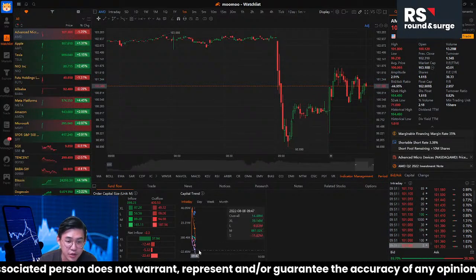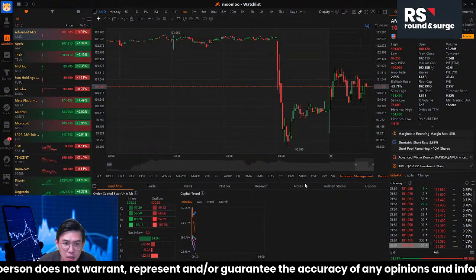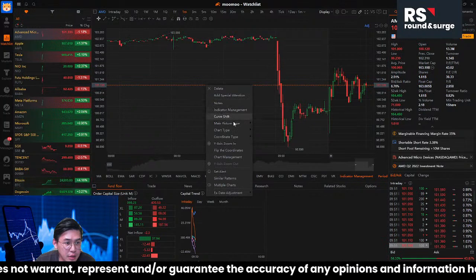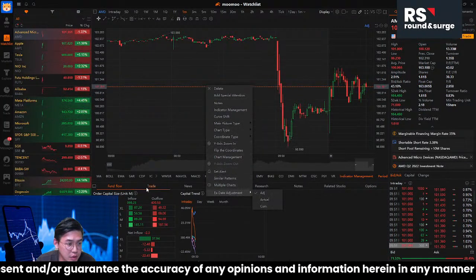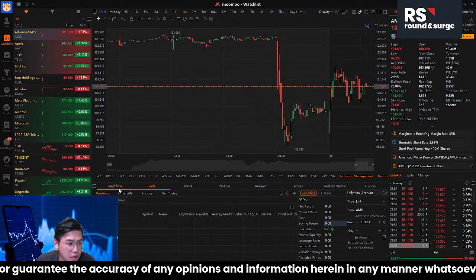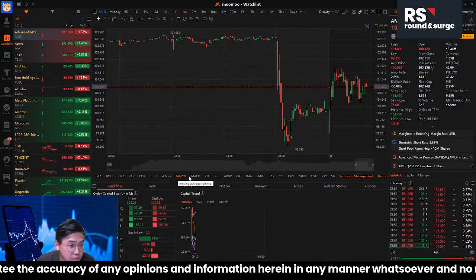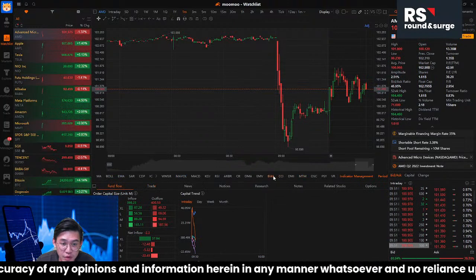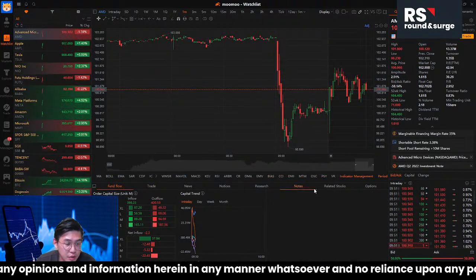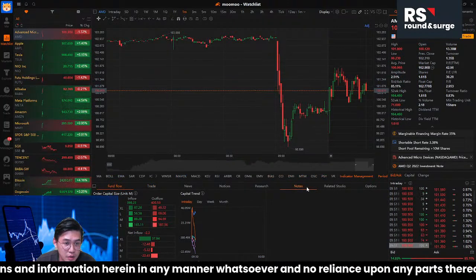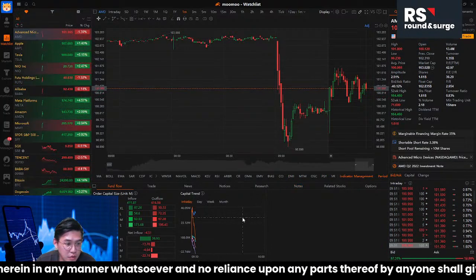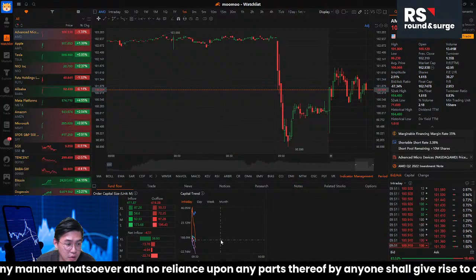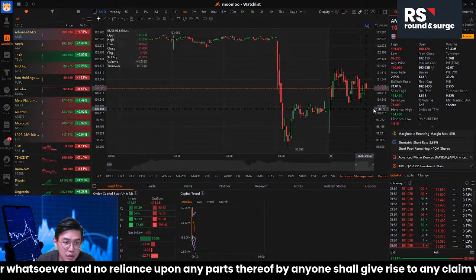Doesn't seem any changes over here. Let's see any other data that allow us to look into it. All these over here are indicators.